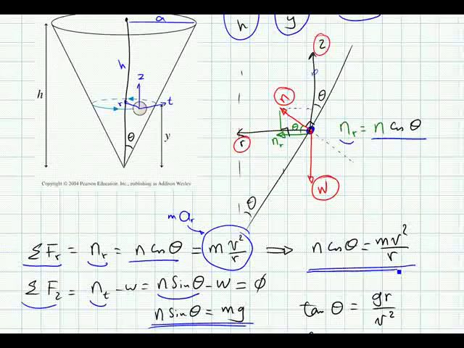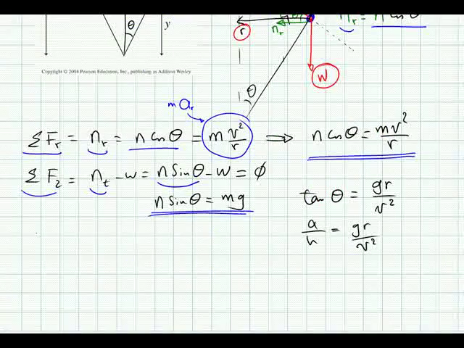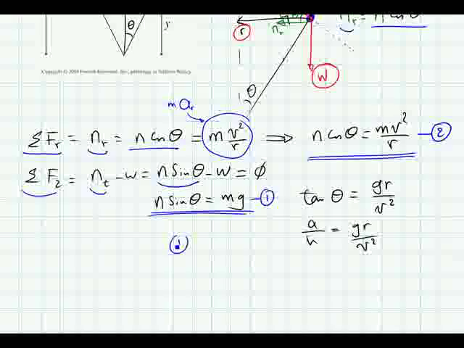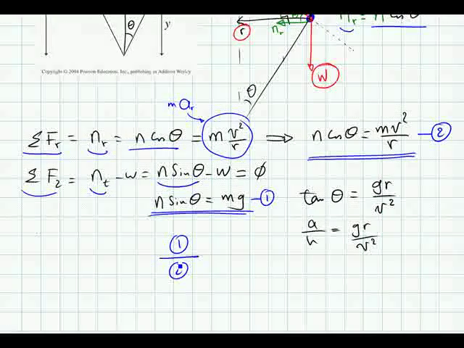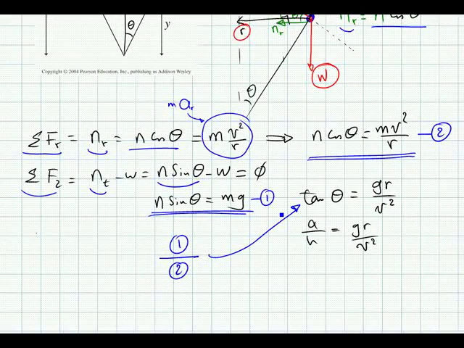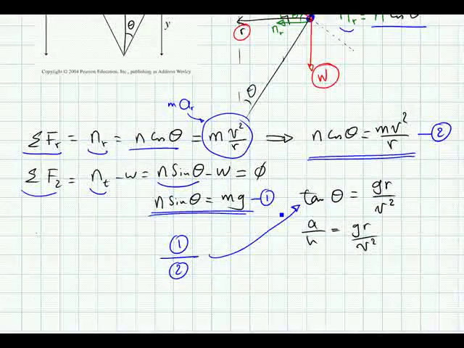So taking this equation and the equation that we just derived, and dividing equation 1 by equation 2, I end up with tan theta is equal to g r over v squared.